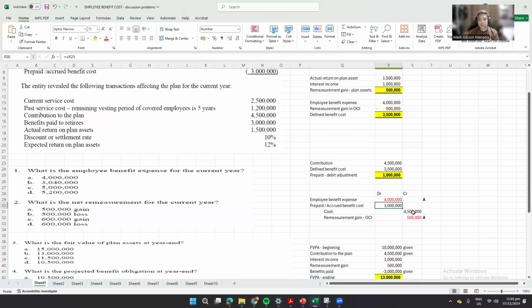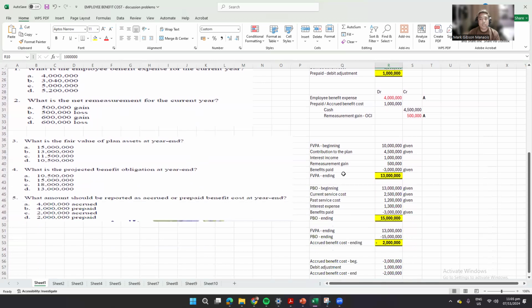So credit cash, and then credit the remeasurement gain on OCI. So that's the difference between the actual return on plan asset and the interest income. Okay, so here, requirement one, the answer is 4 million. So that's the total employee benefit expense. And the net remeasurement for the current year is 500,000 gain.